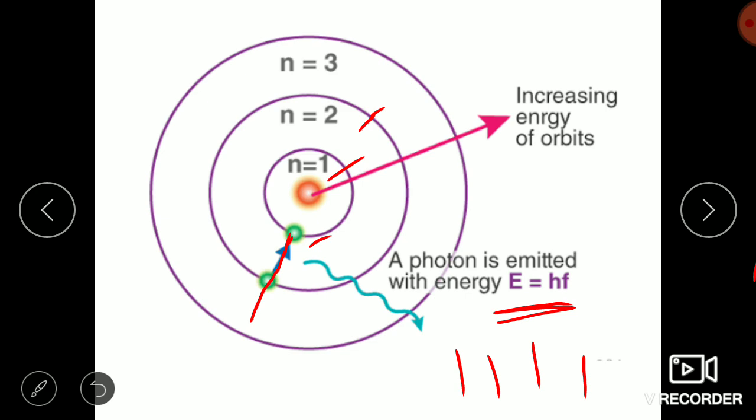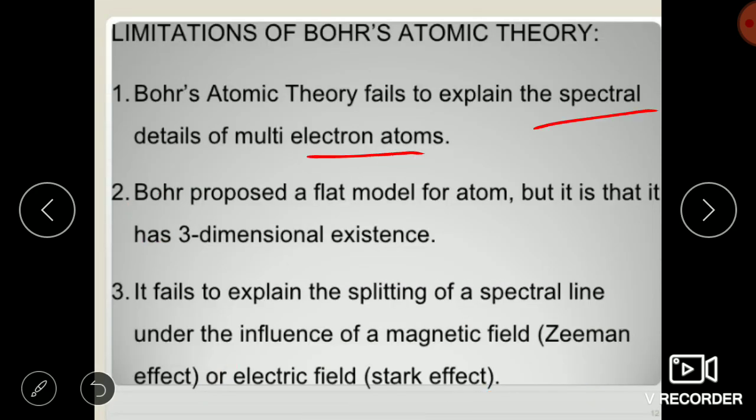What I'm trying to correlate is that the radiation is related to wavelength, and this wavelength has a variety of range. If you study the radiation when electrons jump back, you get a series of different radiation having different wavelength, and that results in the spectral lines, that results in a spectrum.